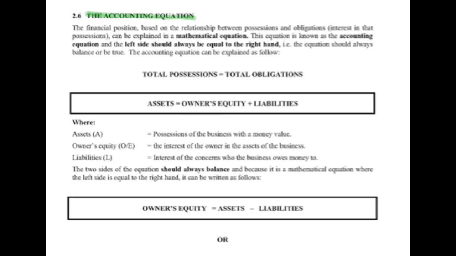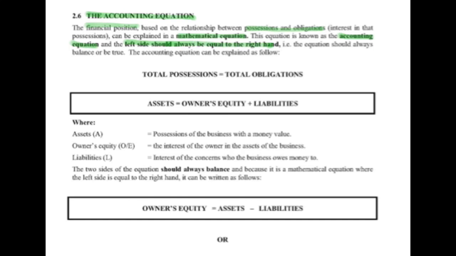So the financial position, based on the relationship between possessions and obligations, interest in the possessions, can be explained in a mathematical equation. Now this equation is known as the accounting equation, and the left side should always be equal to the right side.